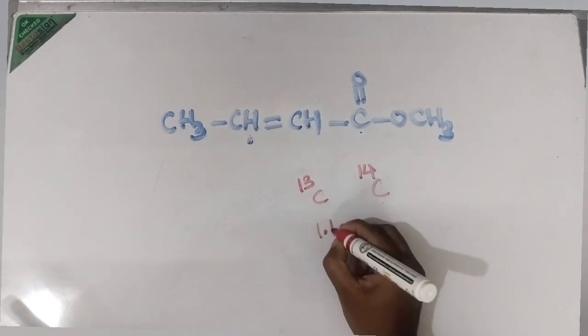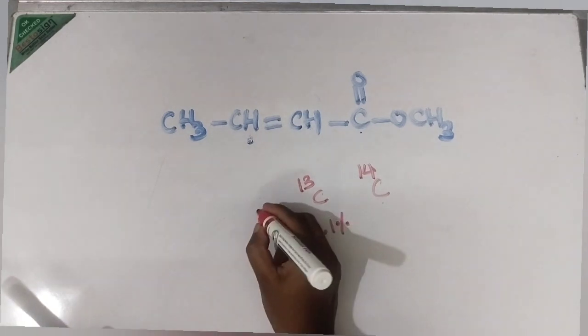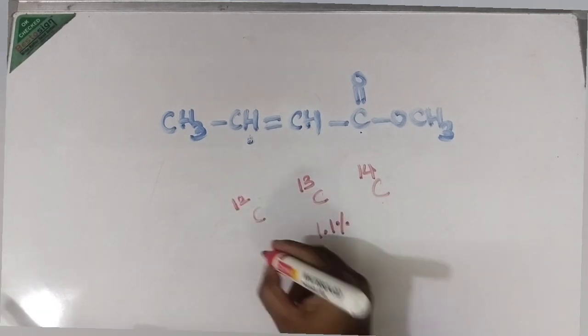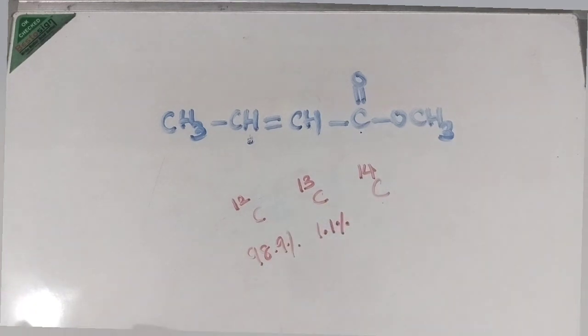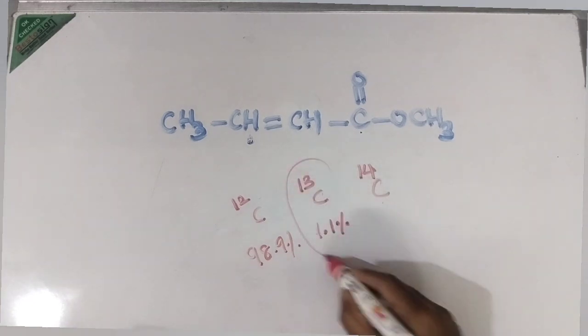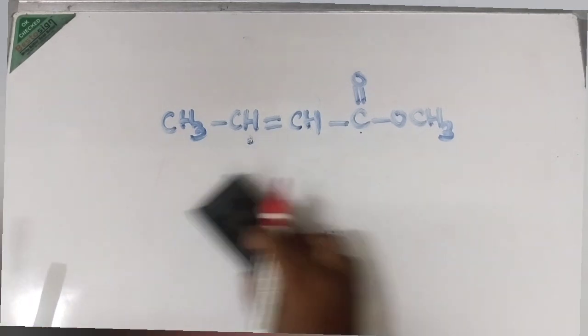It will be around 1.1%, okay? And carbon 12 is the natural element, around 98.9%. So, see here, carbon 13 is very rare, 1.1% only, a dilute nucleus. So, it won't couple with the neighboring proton.